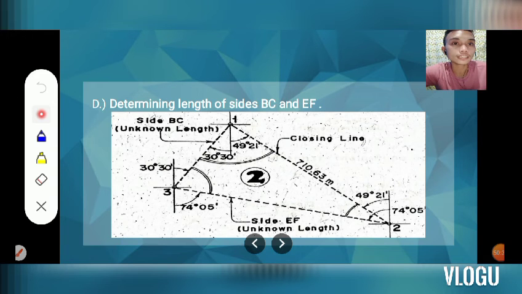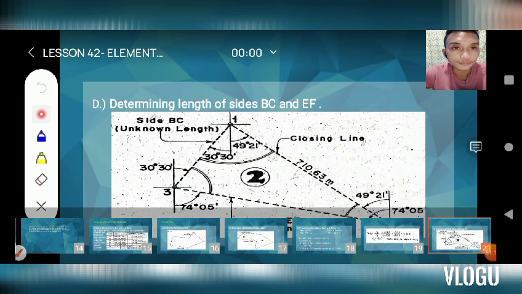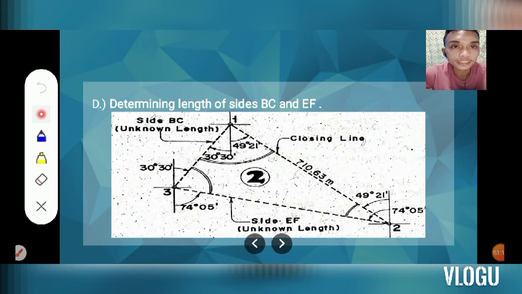Earlier we were given 710.63 meters, which is the length of the closing line. Line CD has a bearing of 30 degrees 30 minutes.